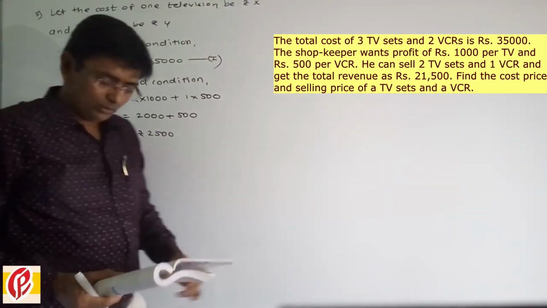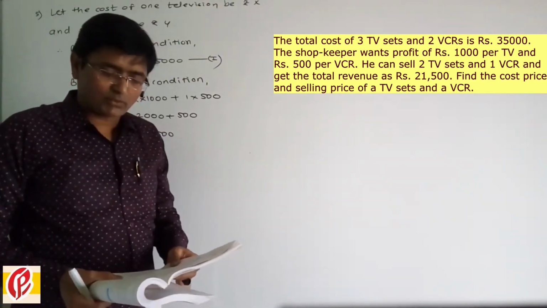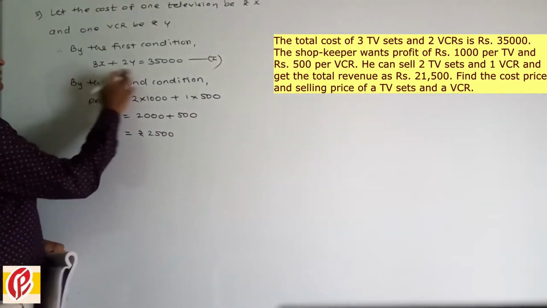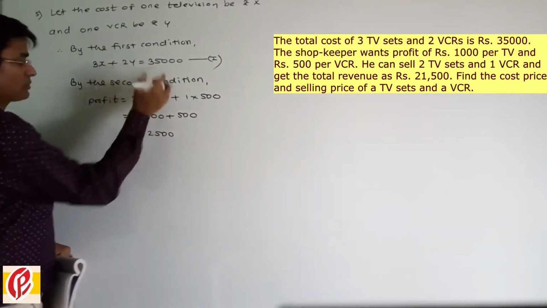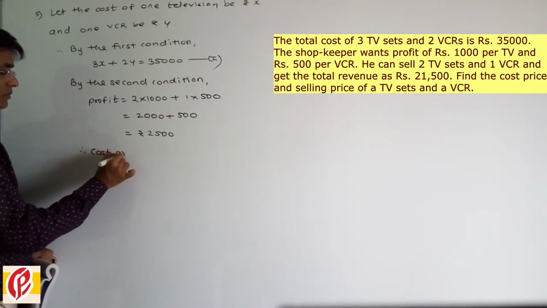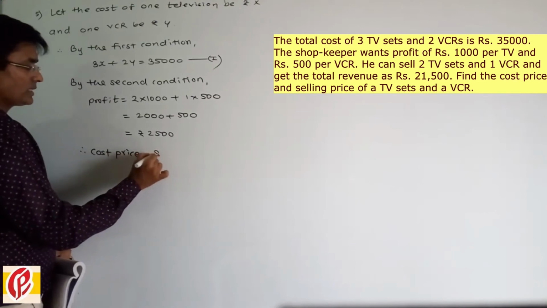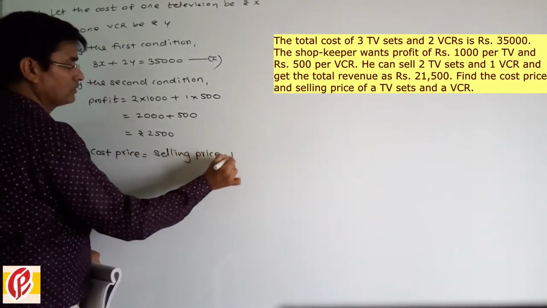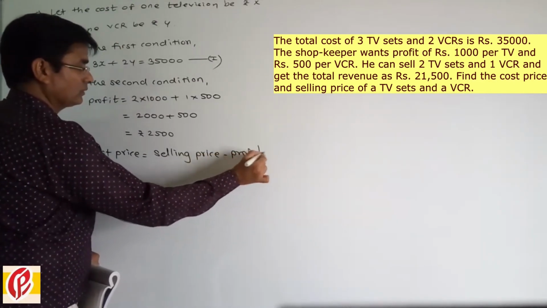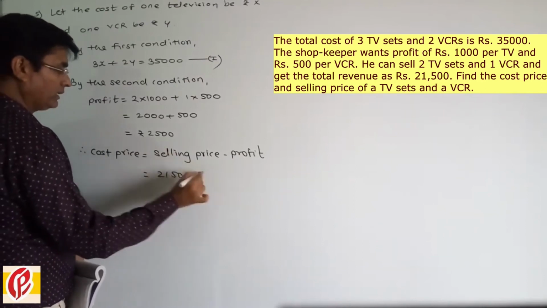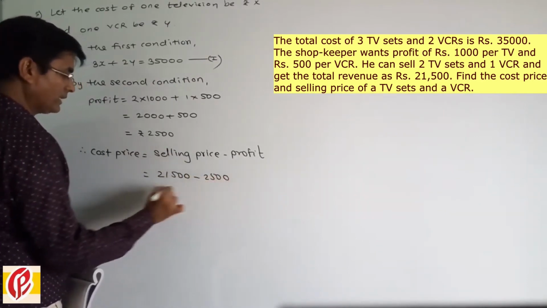Okay. So selling price is given and that is 21,500 and we have to find the cost price. In the equation we have to write the cost price. So how to get the cost price? The cost price is equal to selling price minus profit. Selling price is 21,500 minus profit is 2,500.